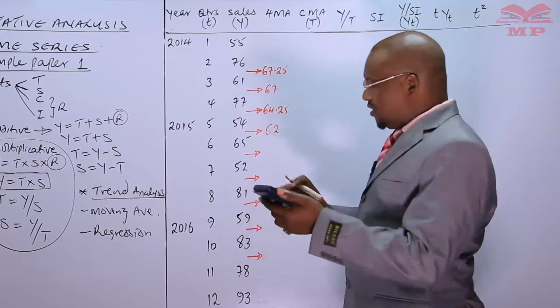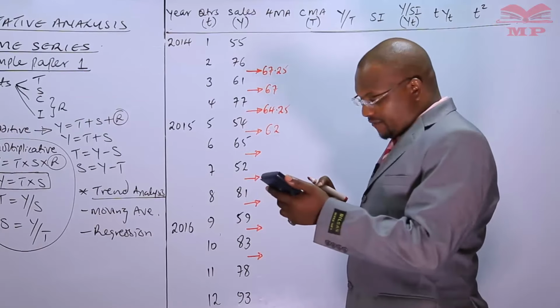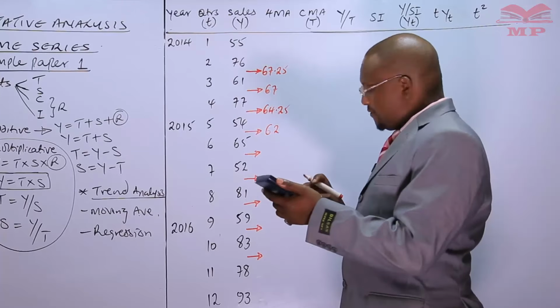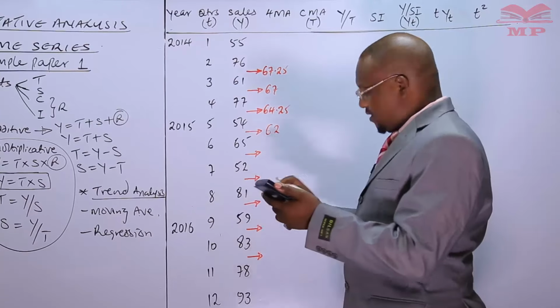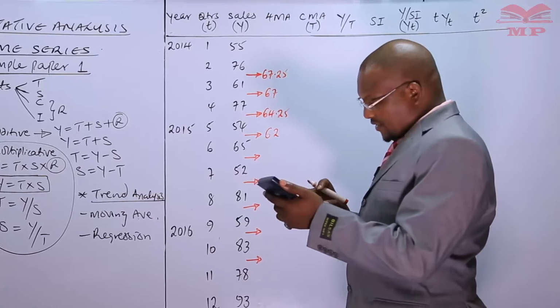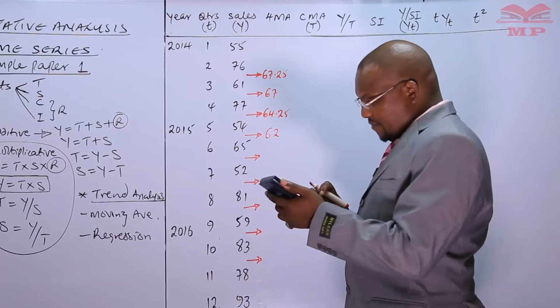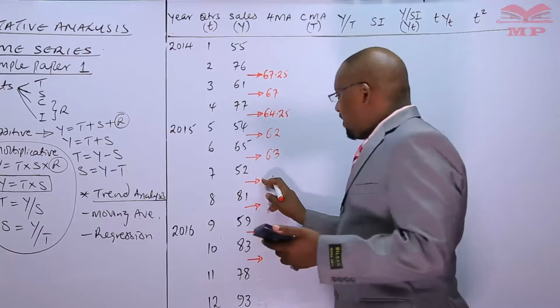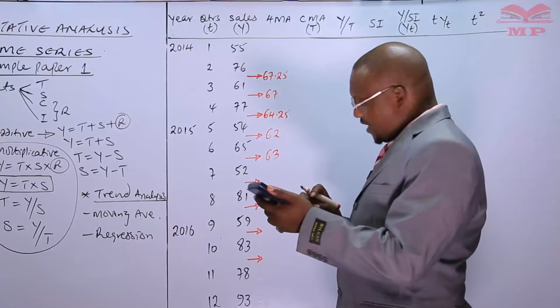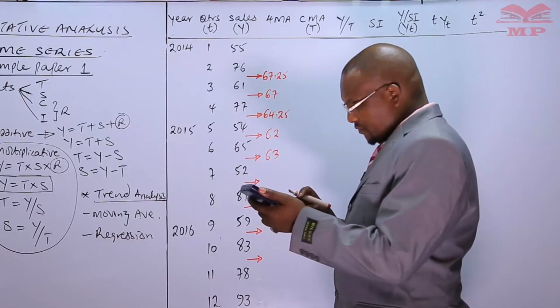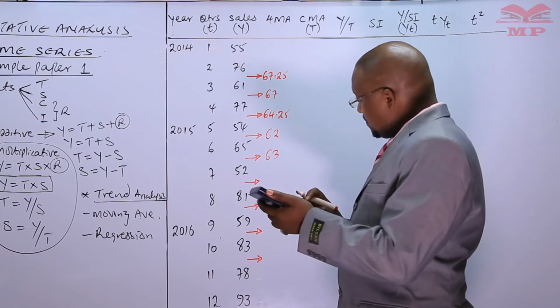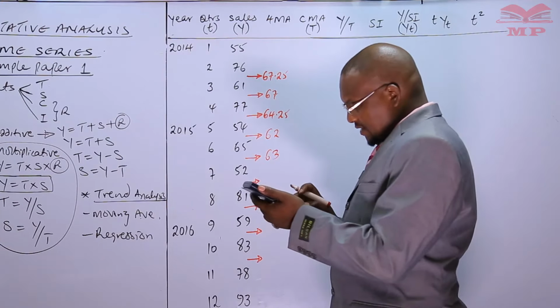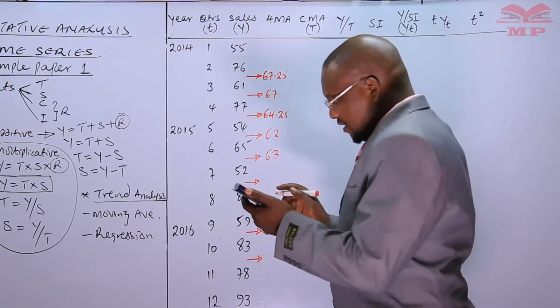Then this one, I'll count 54 plus 65, plus 52 plus 81. Then divide by 4. This is 63.